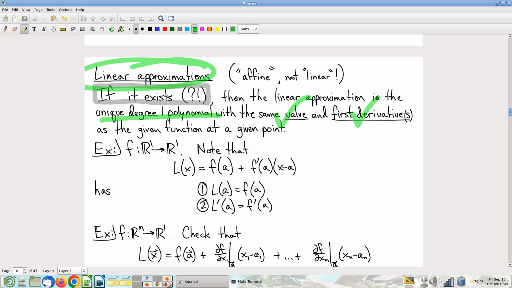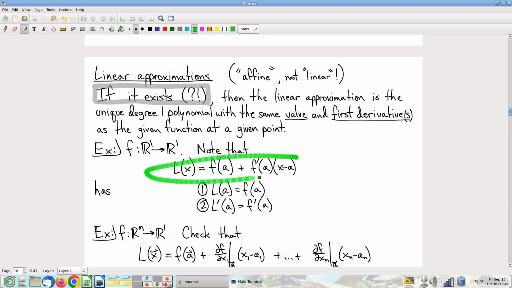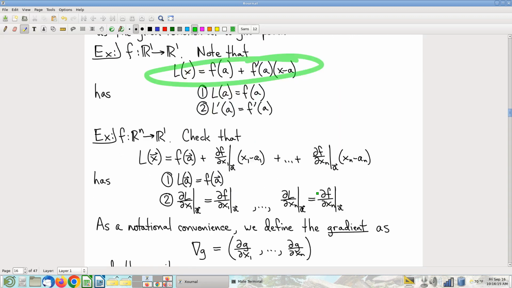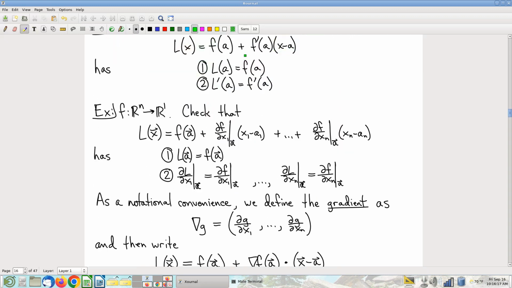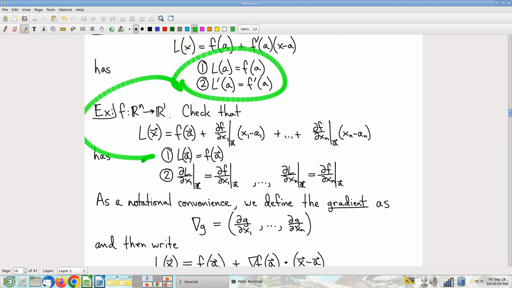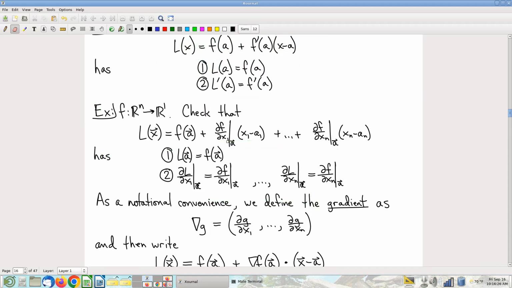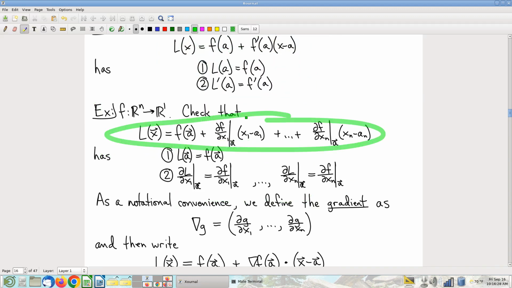So we went through and talked about how to do this algebraically last time. Here's the familiar old formula from single variable calculus, and then with the same goal in mind, namely that I want to mimic the function in both value and first derivatives, here's the answer for a multivariable, real valued function. Again, I think it's a really good exercise to confirm this for yourself.